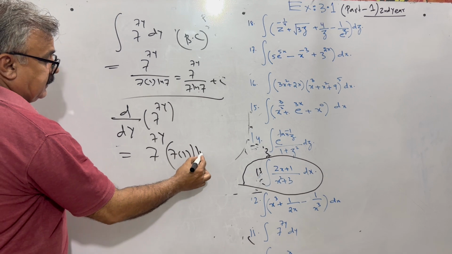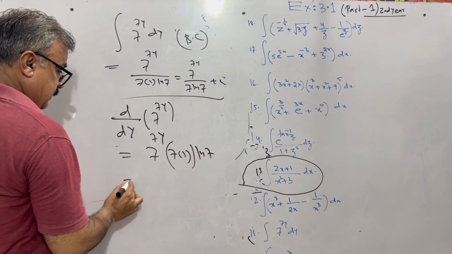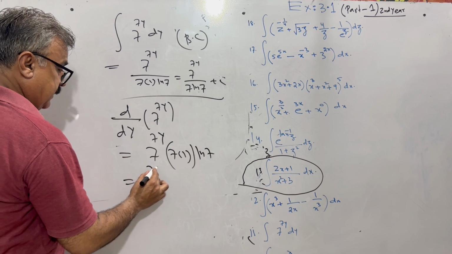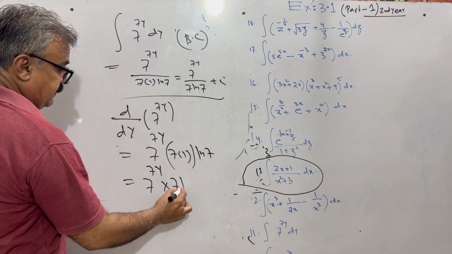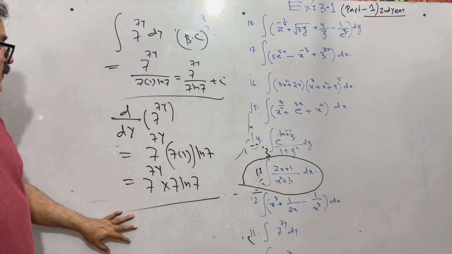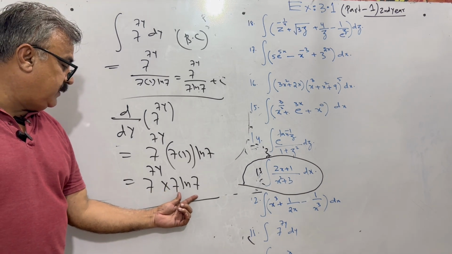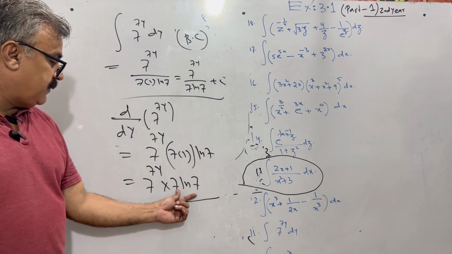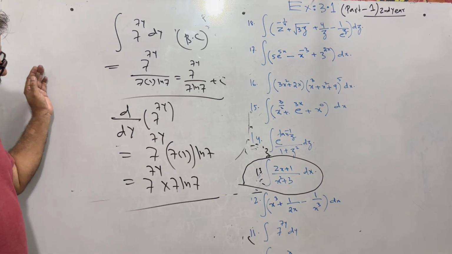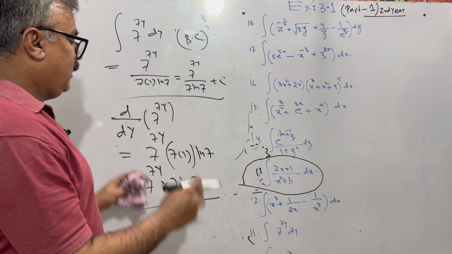Base with ln, ln 7. So its differentiation is 7 raised 7y times 7 ln 7. In case of integration, we have to divide by differentiation of the power and base with ln. In case of differentiation, we have to multiply.